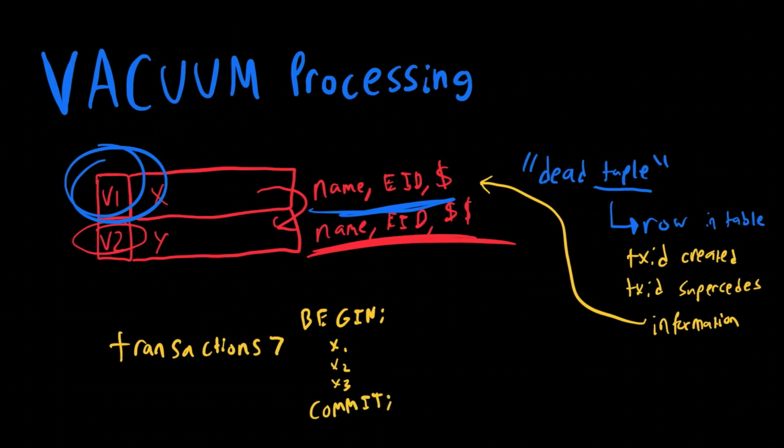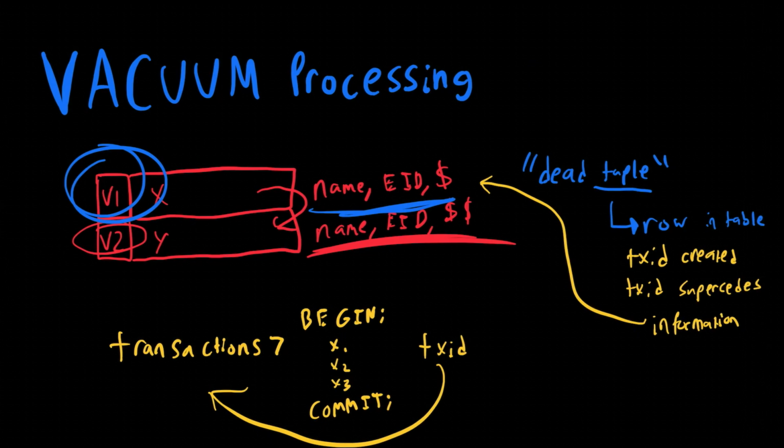Behind the scenes, in the database internals, we have a txid that keeps track of these transactions. You can think of the txid as just some unique identifier for each of these different transactions.